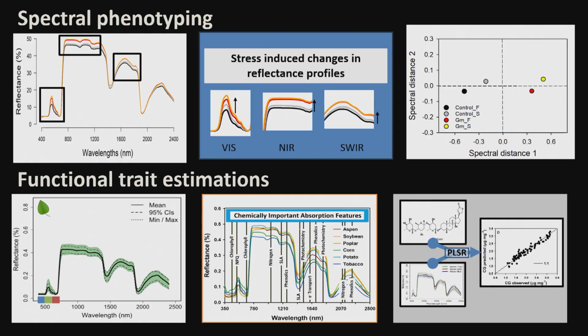My group does quite a bit of work with secondary metabolites, but we can exploit these absorption features and the variation in the spectra, pairing variation in spectral data with variation in functional trait data using statistical approaches to get a predictive model where we can estimate these traits non-invasively, and predict a suite of traits in this plant based on the spectral data alone.